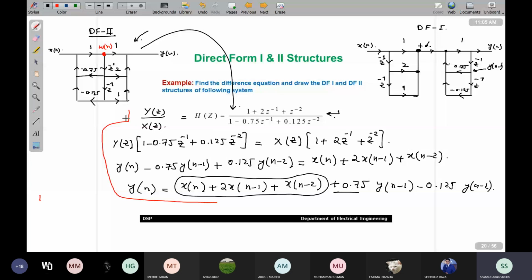The only difference between direct form 1 and direct form 2 is that in direct form 2 you are implementing the poles, the denominator, first and the numerator after that, whereas it is in the reverse order in direct form 1. And the only advantage we are getting in direct form 2 is that we are using a lesser number of delay elements. Questions, please.